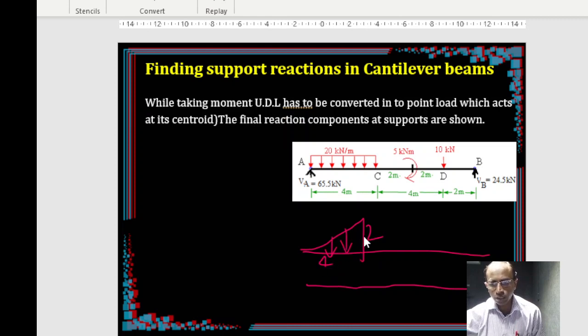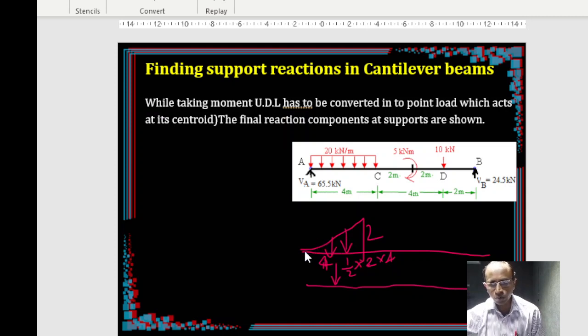So what is the equivalent concentrated load of this? It is in the form of a triangle, so half times 2 times 4, this is the magnitude, and it acts at its centroid.